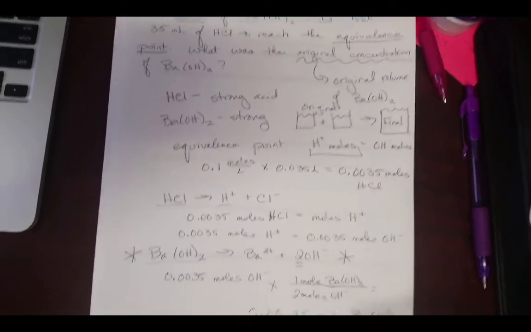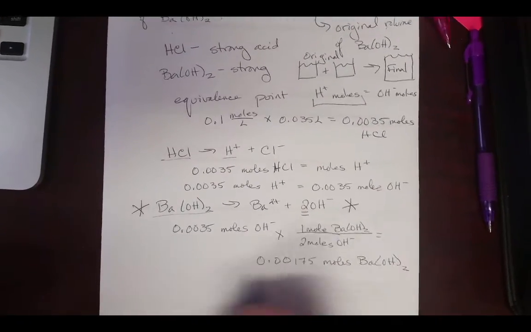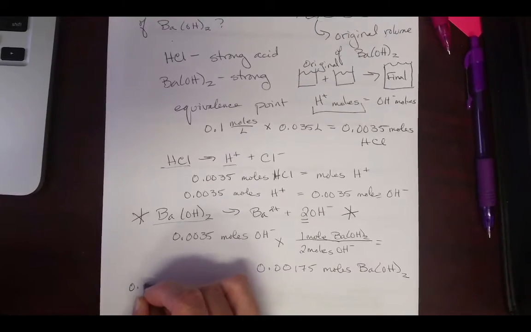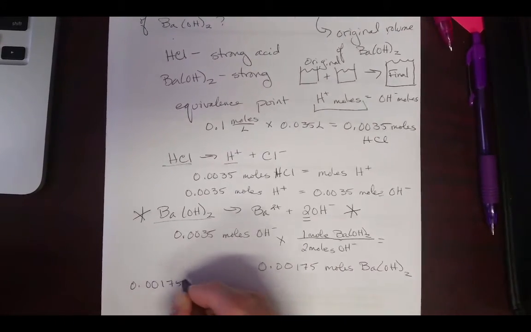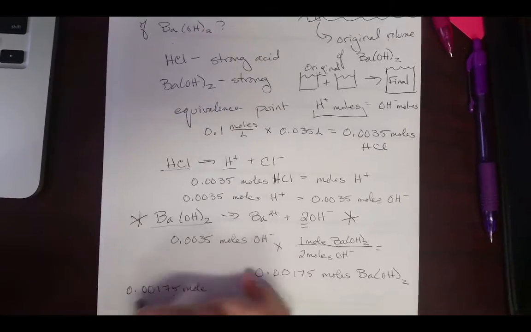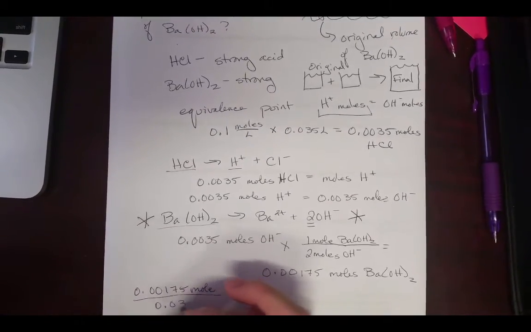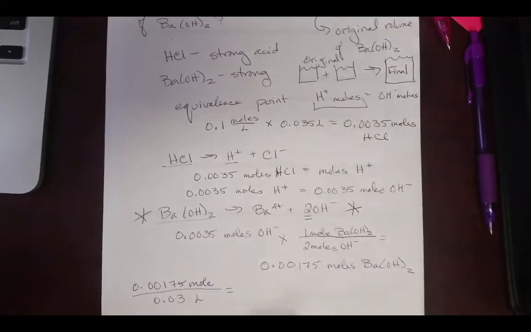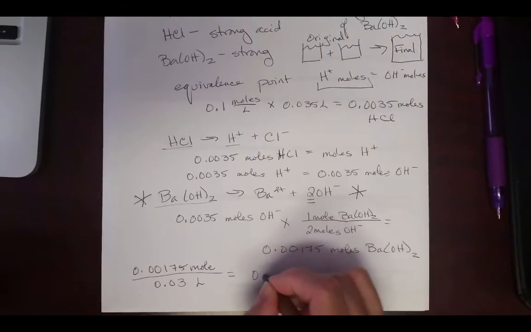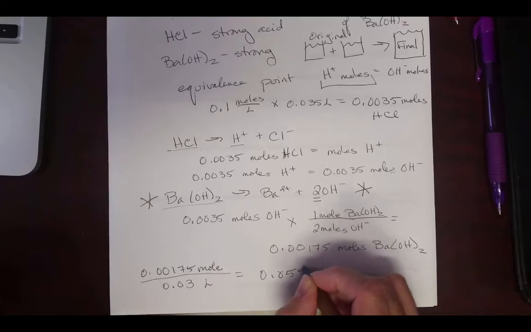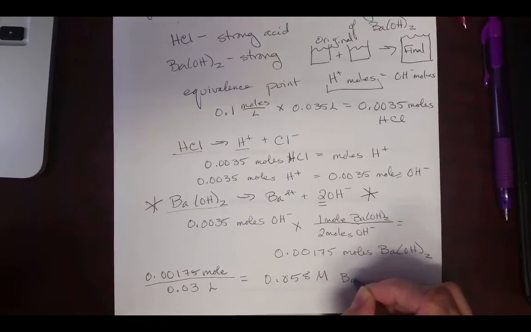So then I can come all the way back down here. I've got my moles of barium hydroxide, and I can put that over my original volume, which is 0.03 liters, and that'll get me an original volume, 0.058 molar barium hydroxide.